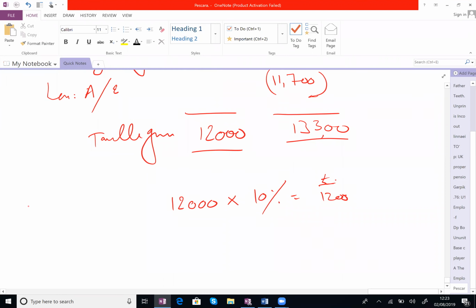Now check: your basic band is 34,500. How much of this band will be consumed by the taxable incomes? Total taxable incomes are 15,000. And how much will be consumed by the entrepreneur relief gains? 12,000. So what is the remaining basic band?